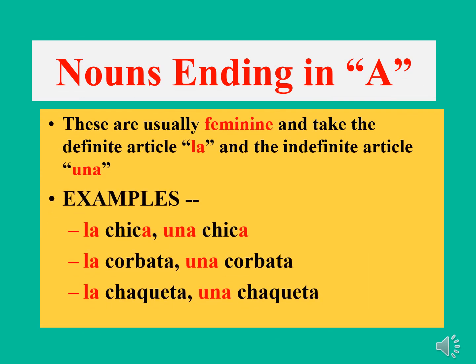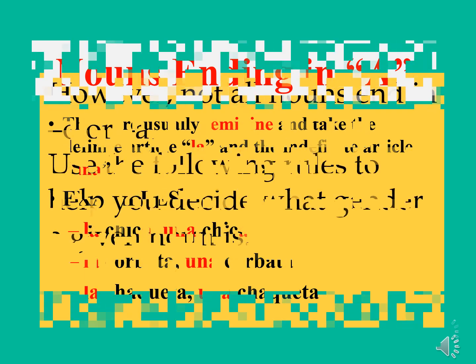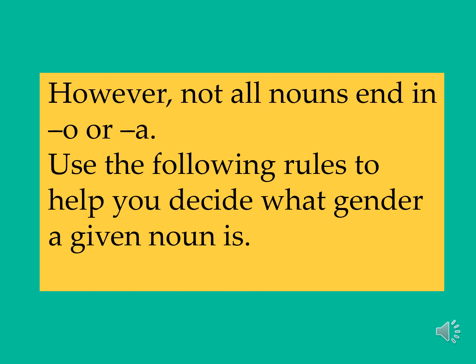Nouns ending in A are most typically feminine, so we'll use a feminine article: la, una, las, unas. While there are tons of nouns that end in O or A in Spanish, and that obey the masculine for O and the feminine for A rule, there are other endings, and there are a few rules that can help you decide which way to go.